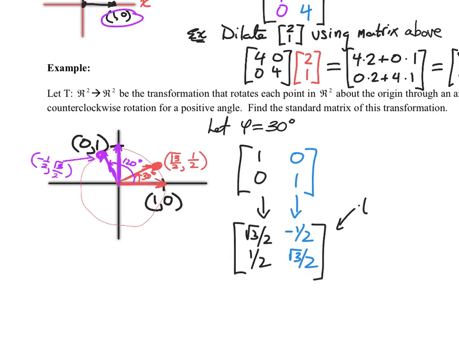That's the transformation matrix. All you're thinking about is where 1, 0, 0, 1 would go after the operation. So now if I needed to find any vector rotated 30 degrees, I just have to multiply it by this.